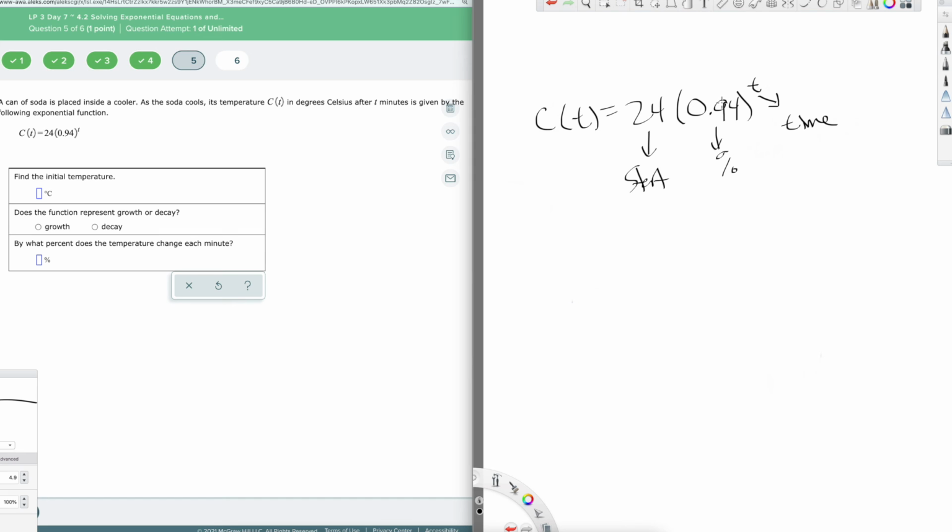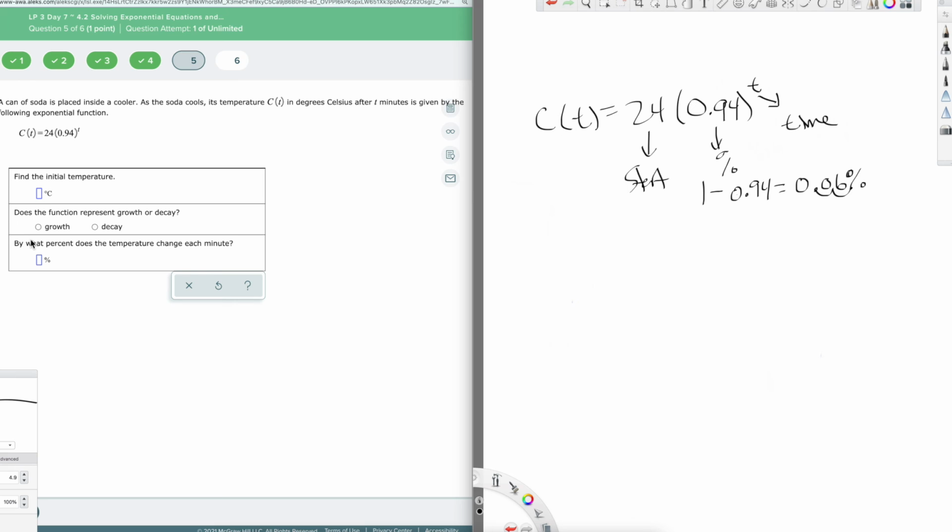It's going down. So if we want to know what the decay is, I'm going to take this piece, I'm going to say 1 minus 0.94, and I get 0.06, which if I moved that, it's 6%, right? So I'm breaking this down specifically because that's what they're asking us for, all of these pieces.